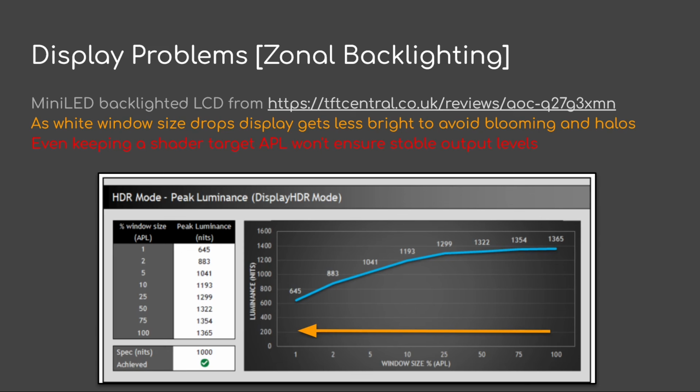As the white window size drops, the display actually gets less bright to avoid blooming and halos. So even if we were to keep a shader target average picture level to try to avoid problems on, say, an OLED, it won't fix our problems with zonal backlighting because, as you see here, as the window size goes down, the peak luminance also goes down.